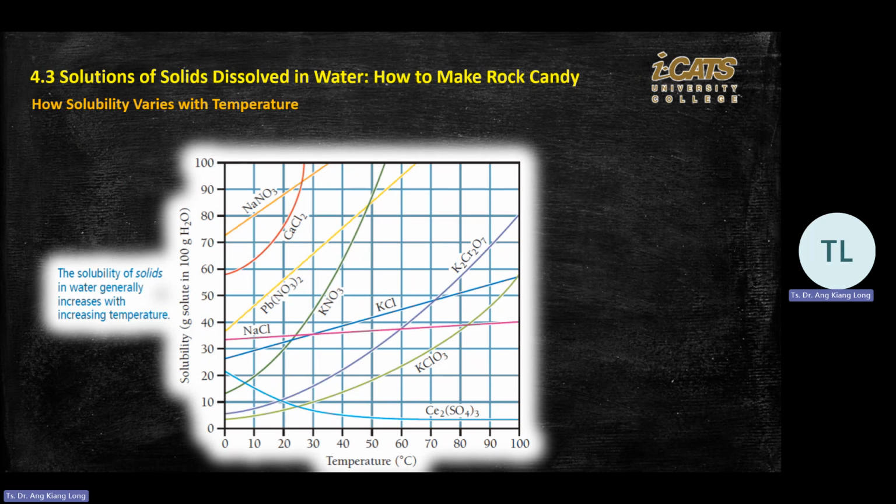So if I pick 30 degrees C, you cross the purple line here at about 35, 36 grams per 100 grams of water. If you increase temperature, the line increases. At 100 degrees C, you can dissolve 40 grams of salt.